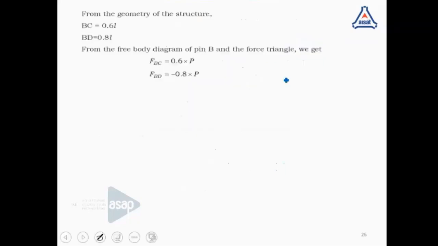From the free body diagram of pin B and the force triangle, we get FBC is equal to 0.6 into P.